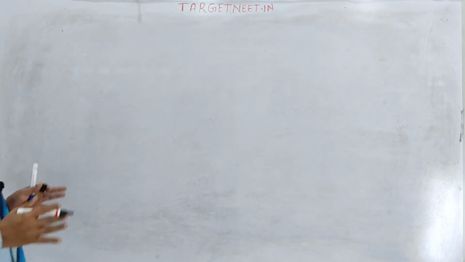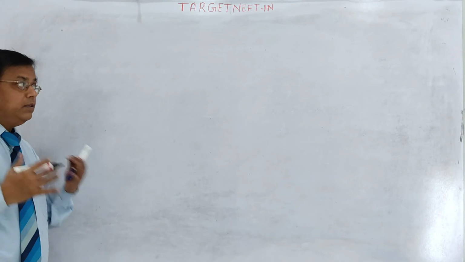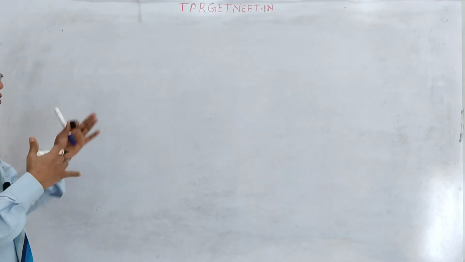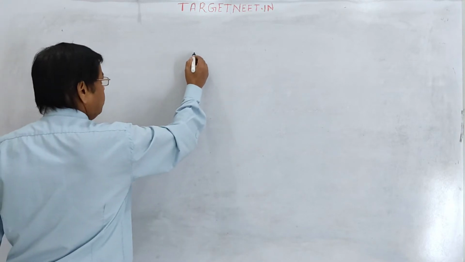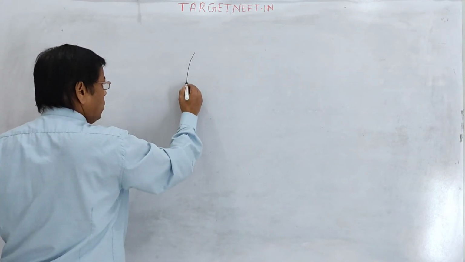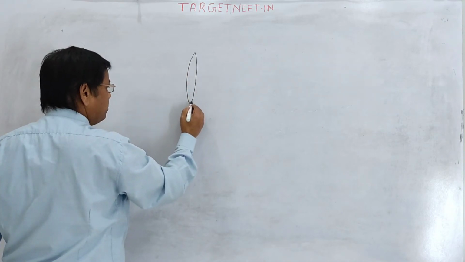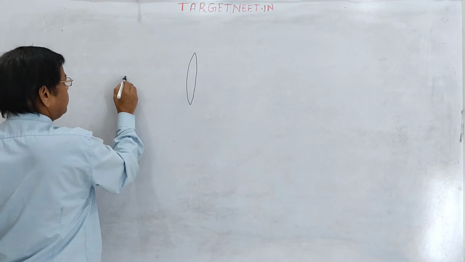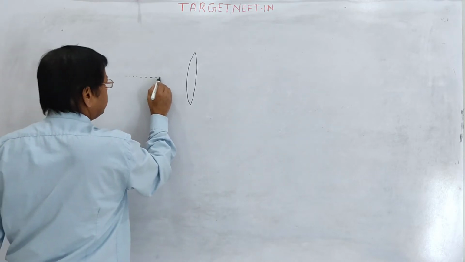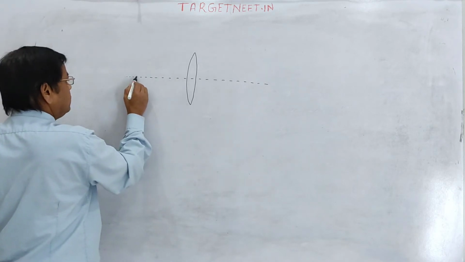Now, deviation produced by a lens. A lens is used to produce deviation in light. So let us see how much deviation will be produced by a lens. Suppose this is the object.